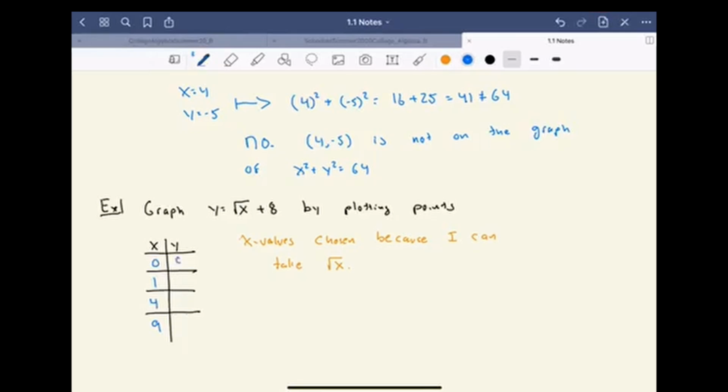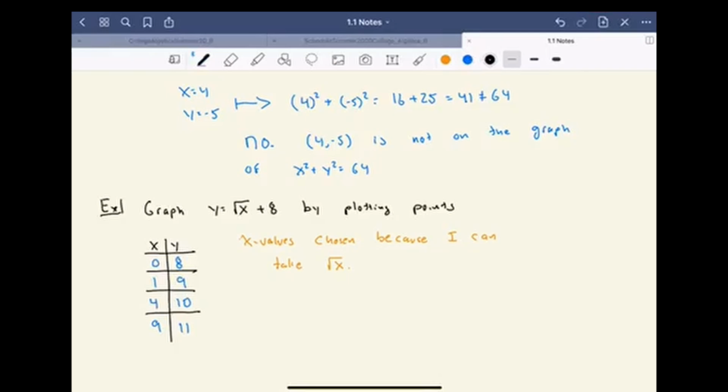So if I plug 0 in for x, I'm going to get 8 back. The square root of 1 is 1. So if I plug 1 in for x, I'm going to get 9 back. Square root of 4 is 2. If I plug 4 in for x, I'm going to get 10 back. And the square root of 9 is 3. So if I plug 9 in for x, I'm going to get 11 back.